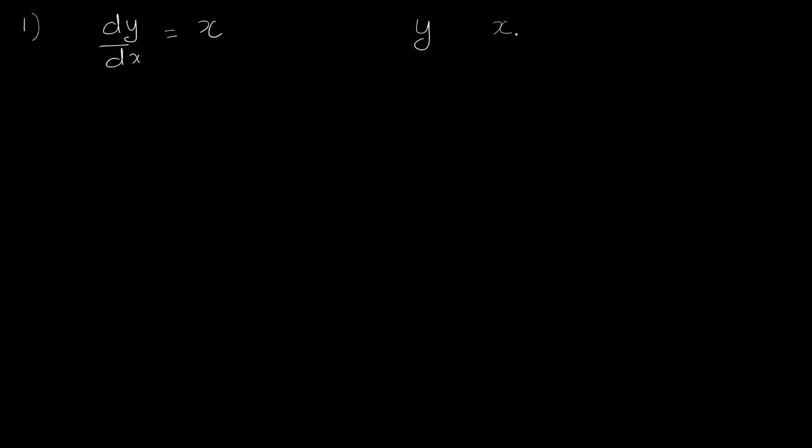Both are different variables. What I will do is separate out all x terms together and all y terms together. The y term is only dy, and the x terms I will take with dx on this side. That is cross multiplication. So it will be x into dx.